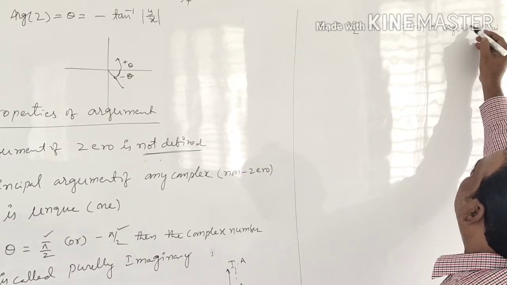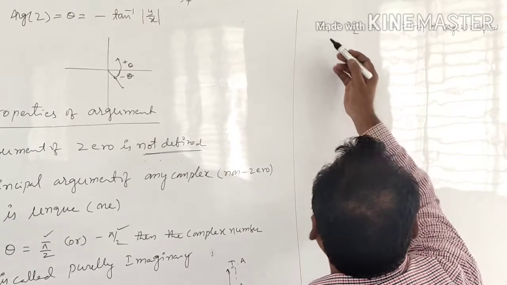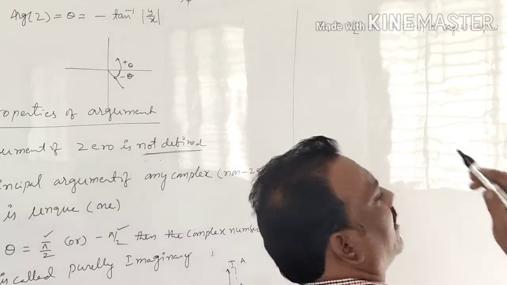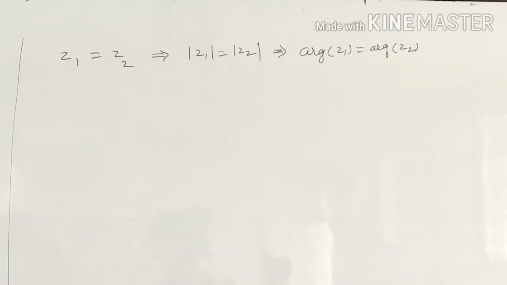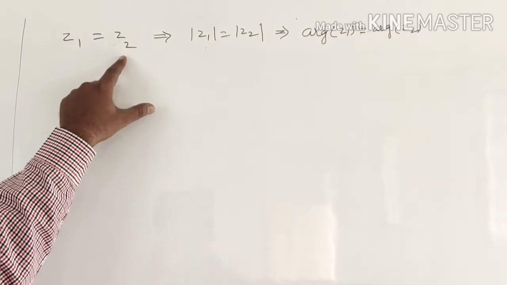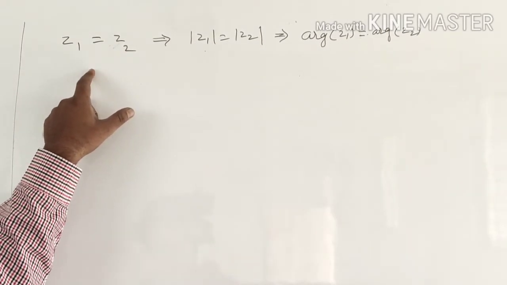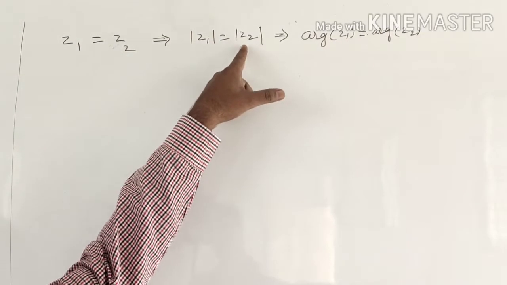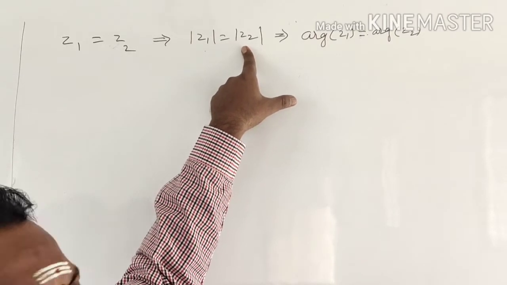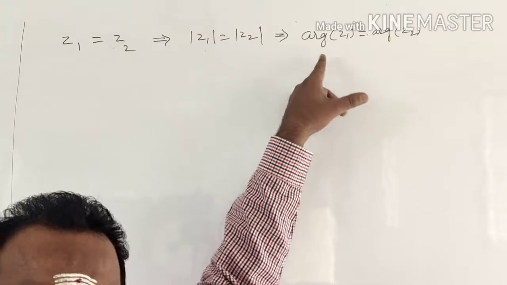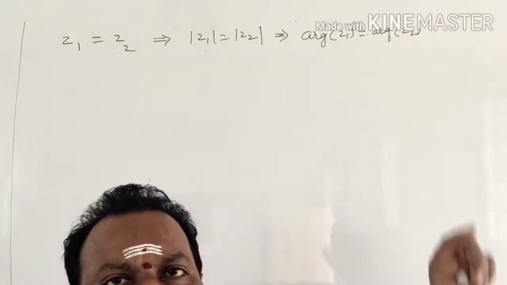So this is one property. Remember, students, if one complex number is equal to another complex number, obviously their magnitude, that is the modulus, is also equal. You know the modulus of a complex number very well. Then their arguments are also equal.